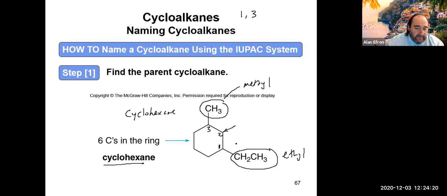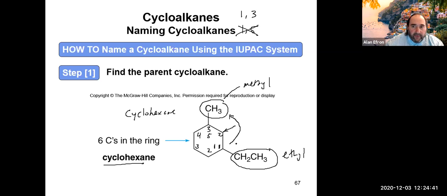The other option would be to start at the ethyl and go clockwise. This would be 2, 3, 4, and 5 if we went clockwise. And that would give us a 1 and 5 situation, which again is a larger number. So in this particular case, we would want to number in this direction.